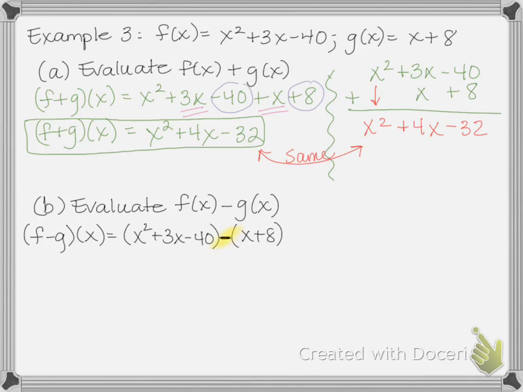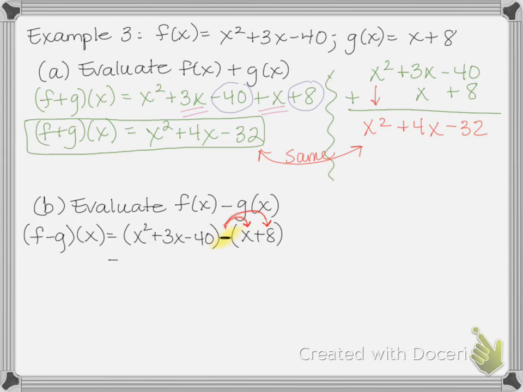People tend to forget that that minus needs to be distributed to every single term that comes after it, okay? Every single term. Because if you forget to do that, then you get the problem wrong, okay? So let's do that.